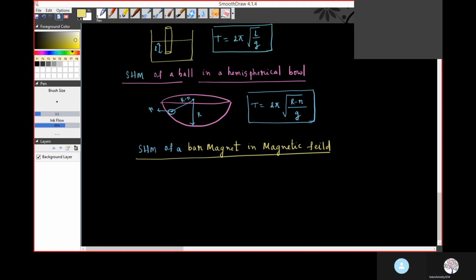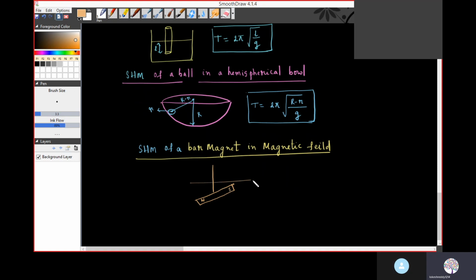So obviously, you have a bar magnet placed in a magnetic field. This will have a north pole and this a south pole.